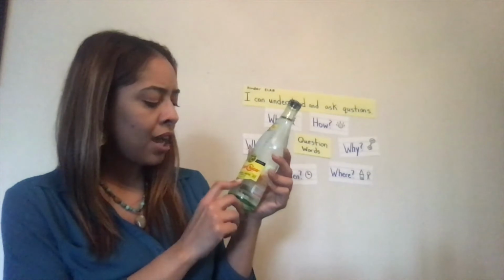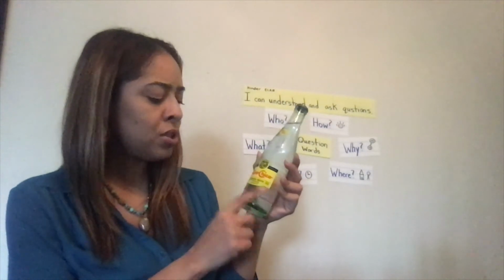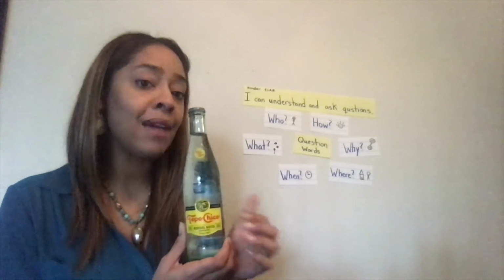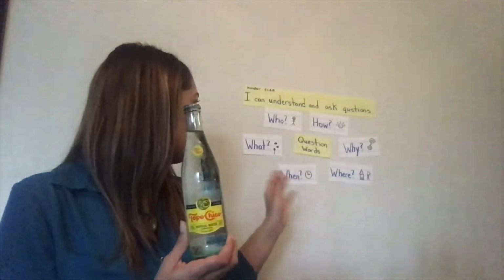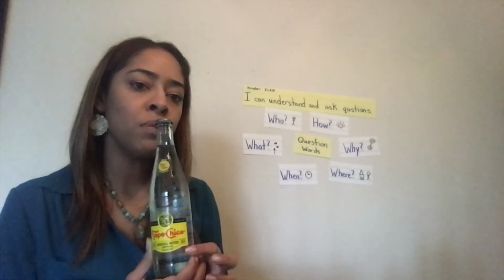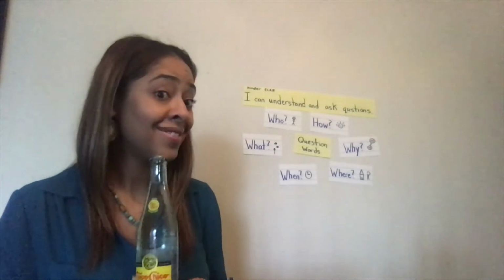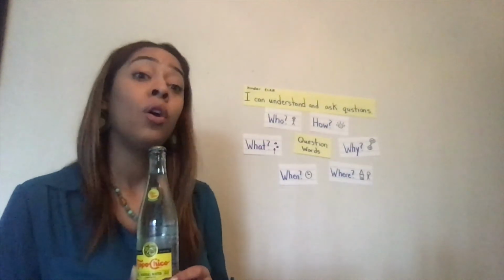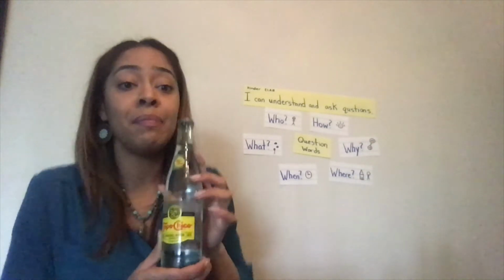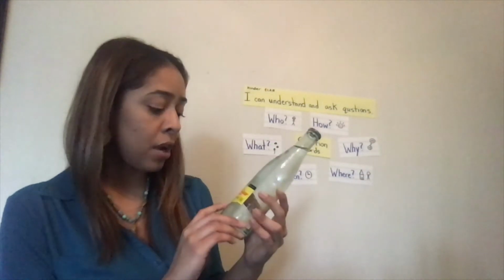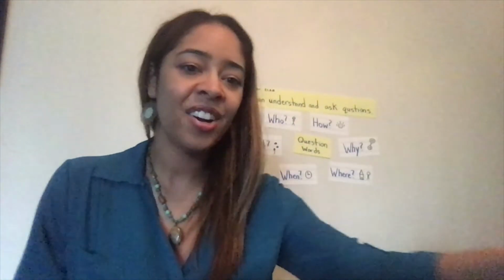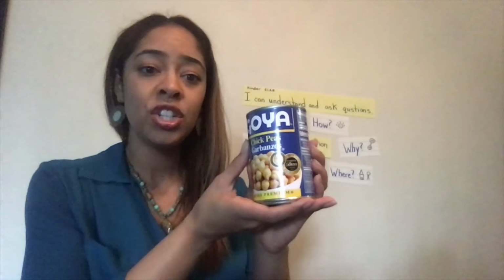Now, if I were to say this was made in Monterrey, Mexico, this was made in that place, which question word would I need to ask the question for me to answer with a place? That's right, where? So if someone were to have asked, where do they make Topo Chico? Then I could respond, in Monterrey, Mexico. Good job.